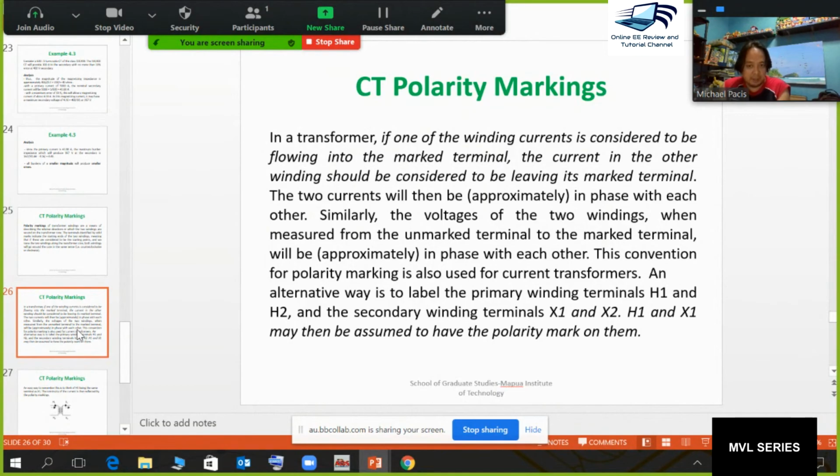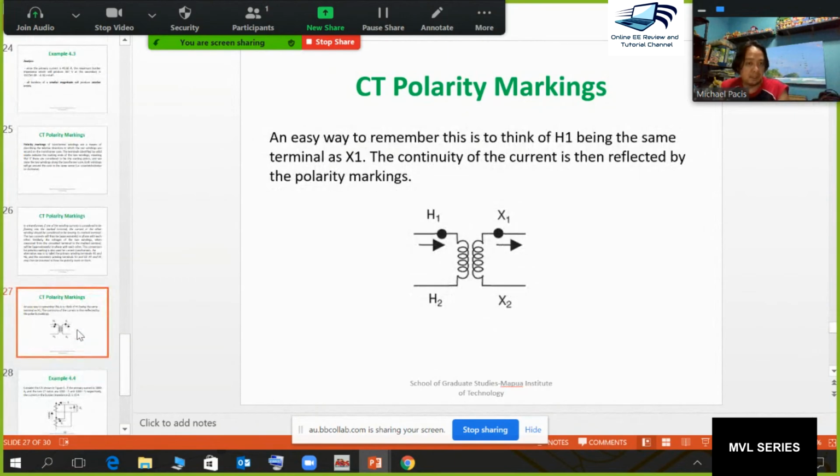H1 and X1 may be assumed to have a polarity mark on them. So if you have a mark on H1, the current will go outside at X1. What this shows is the current flow. If you have a polarity mark on a CT, you can now get the current flow on that CT.